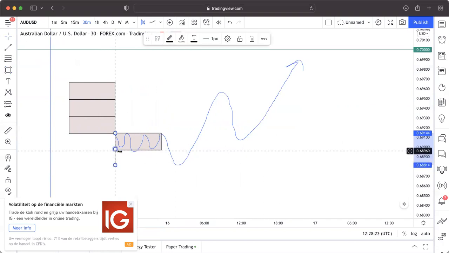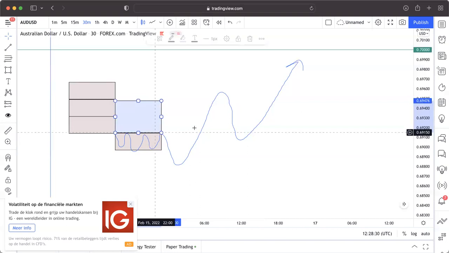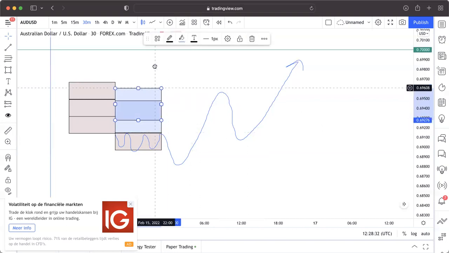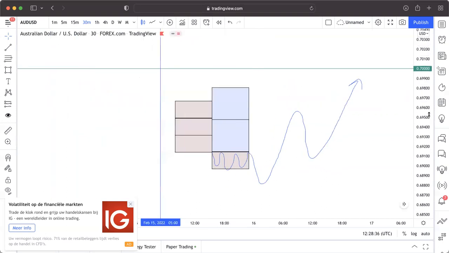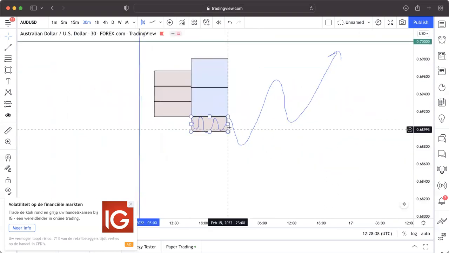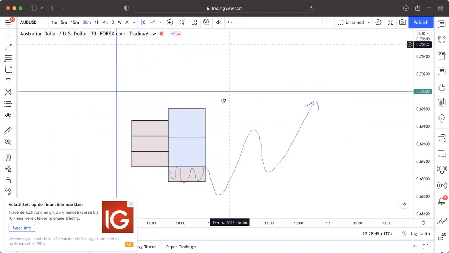So we would measure this, and once you measure that, these would be the standard deviations you want to use, like that. So this would be the correct way of using it if the market is trading below the Asia range first to create the low of the day.